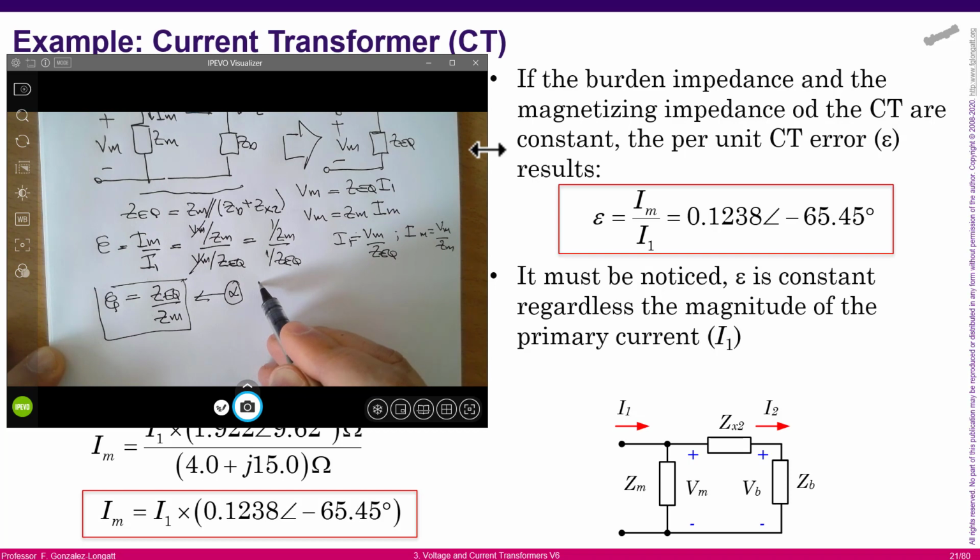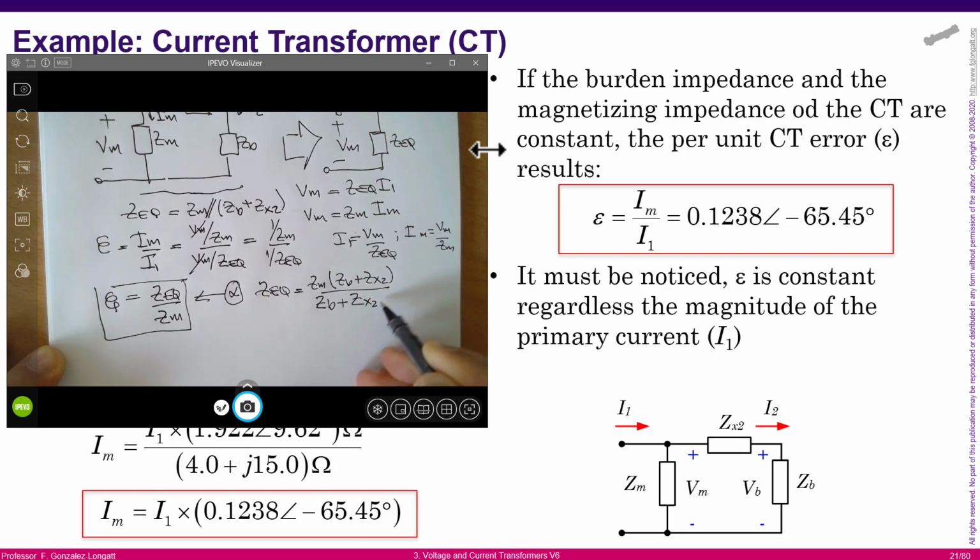You must remember that the equivalent impedance depends on the magnetizing branch, but also on the leakage, and especially, where it is extremely important, the burden. The burden is affecting the performance of our current transformer.